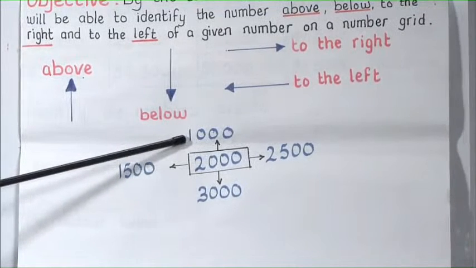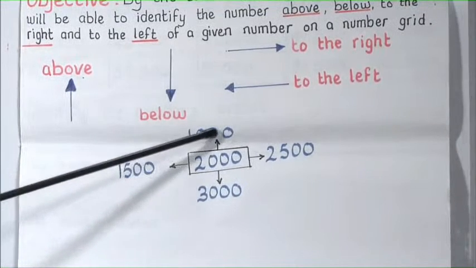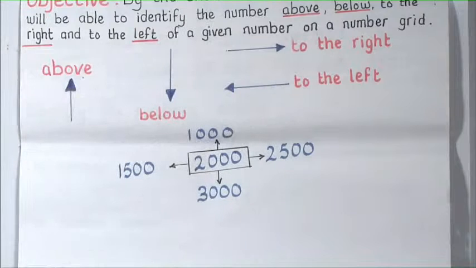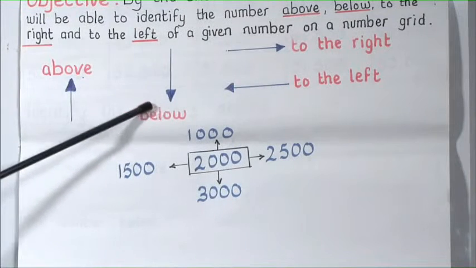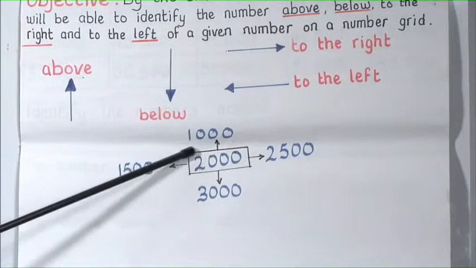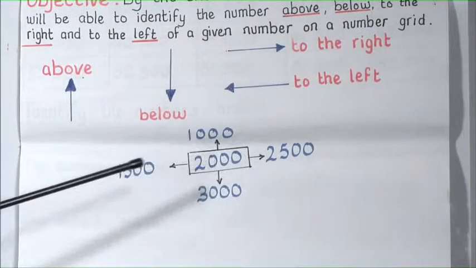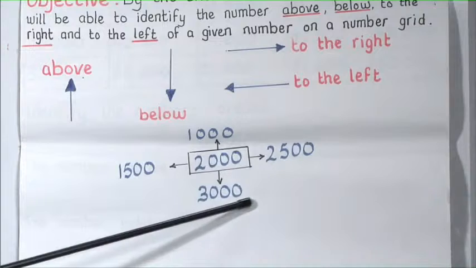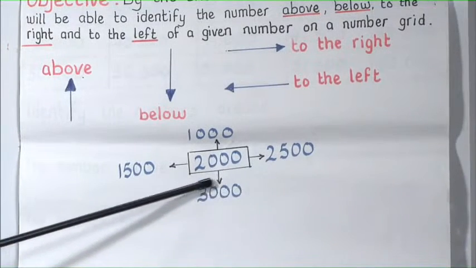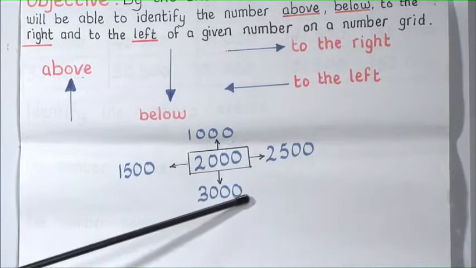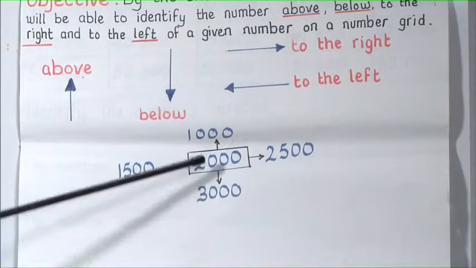And what is it? It's 1,000. Very good. Then let's look at this one below. What number is below this 2,000? This is the number below 2,000. And what is the number? It's 3,000.